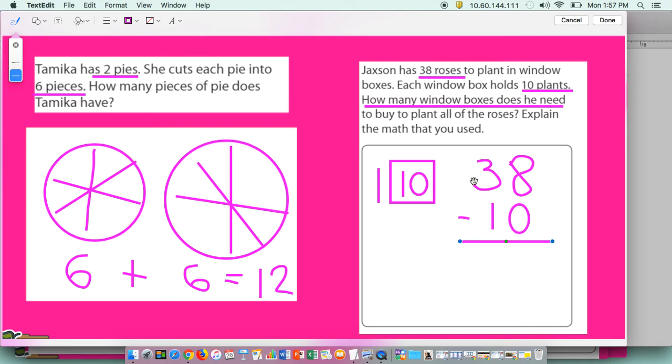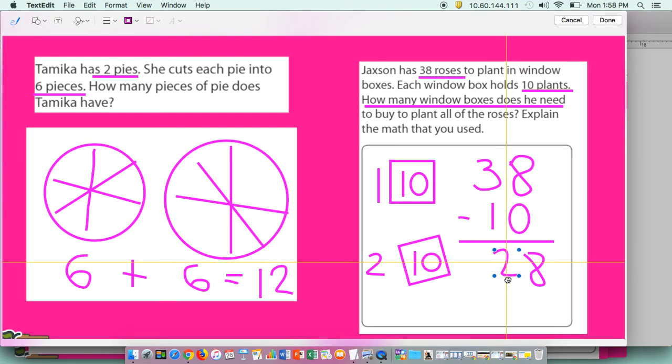Pause this video while you solve this subtraction problem. All right, you should get 28. I still have more flowers to put in the window boxes, so let me do a second box. This box has 10, so let's subtract 10 from 28. Pause while you get the answer for this.